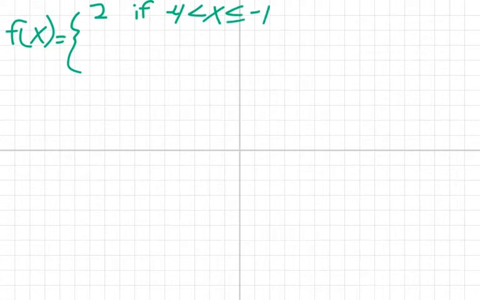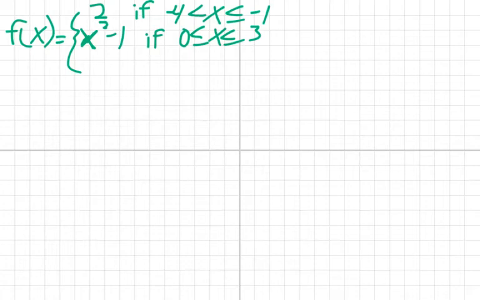And then f of x is going to equal x squared minus 1 under the following domain: if 0 is less than or equal to x, is less than or equal to 3. And one more. f of x can equal negative 1/2 x if x is greater than 3.